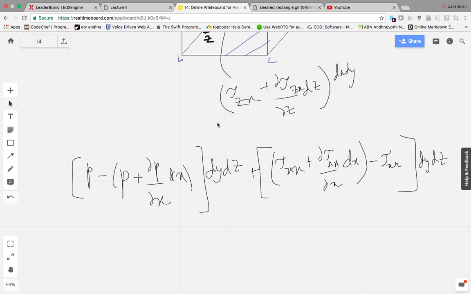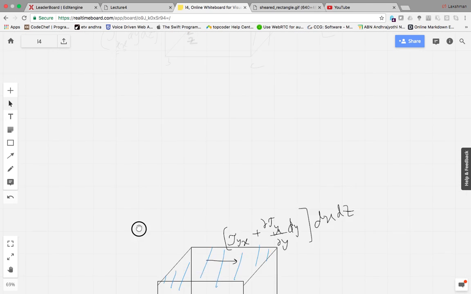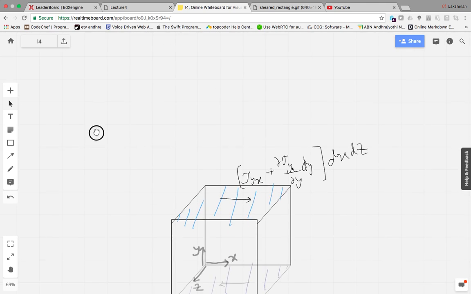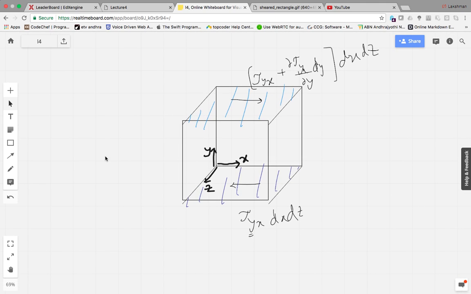How I have written this is straightforward. You see this normal stress force pointing in the positive x direction, and this one pointing in the negative x direction. So this minus this. That's all. Now we will add all the forces.